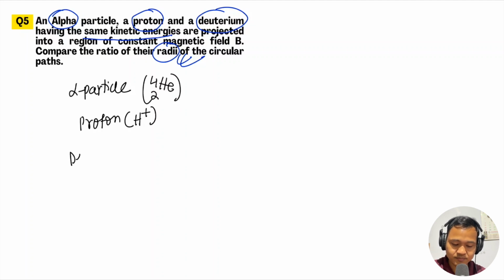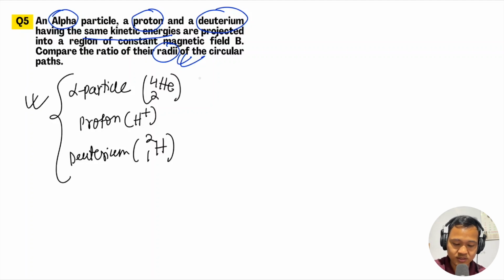Deuterium is hydrogen 2, 1, an isotope of hydrogen, with 1 neutron plus 1 proton. The mass of a proton and the mass of a neutron are approximately equal, so you have to assume them to be equal.